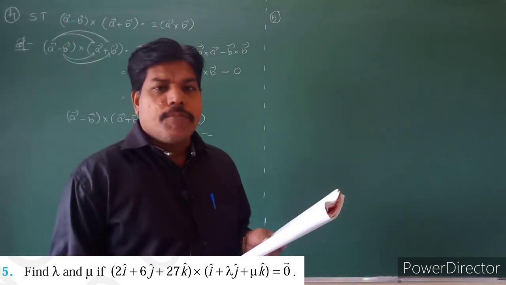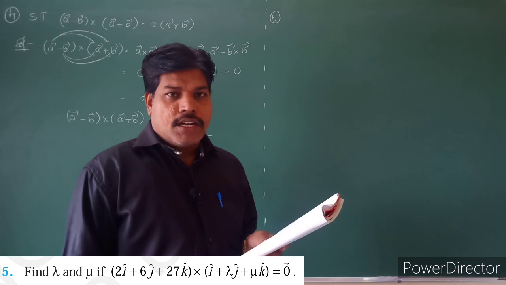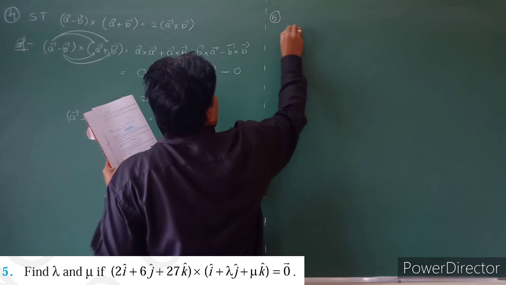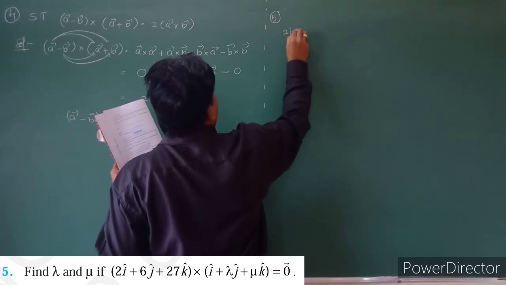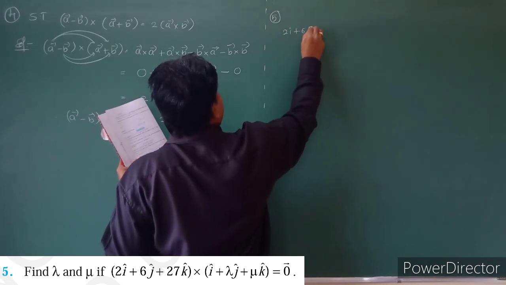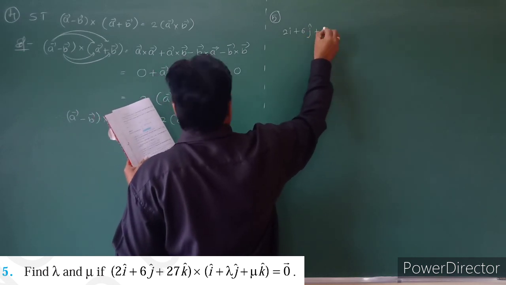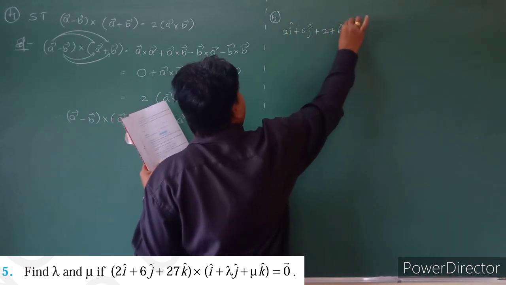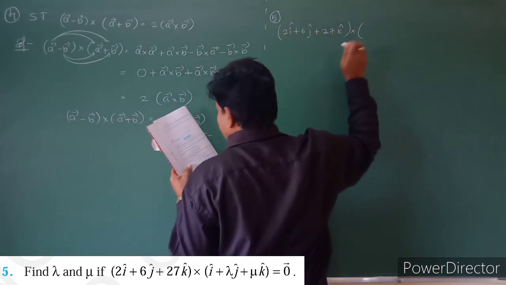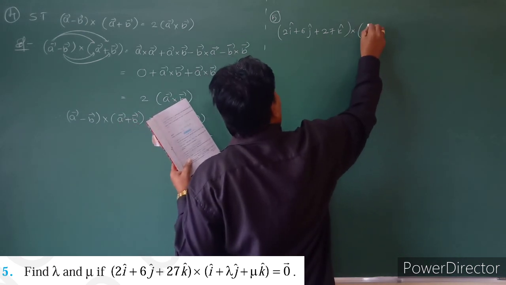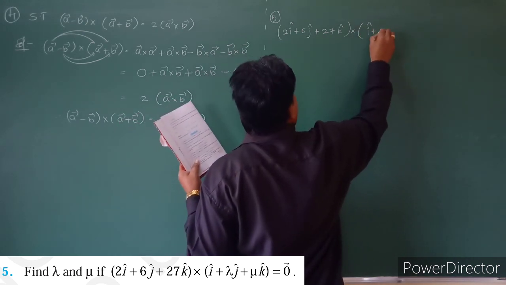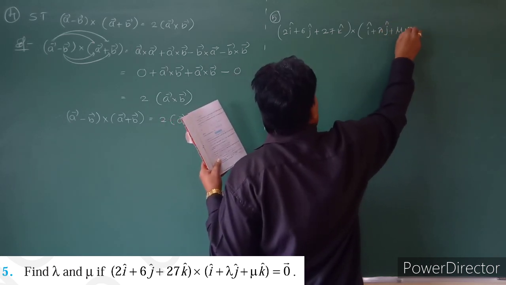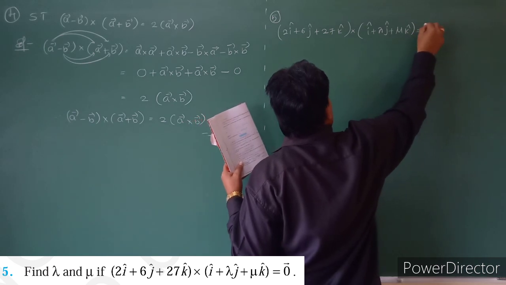Find lambda and mu if (2i plus 6j plus 27k) cross (i plus lambda j plus mu k) is equal to 0 bar.